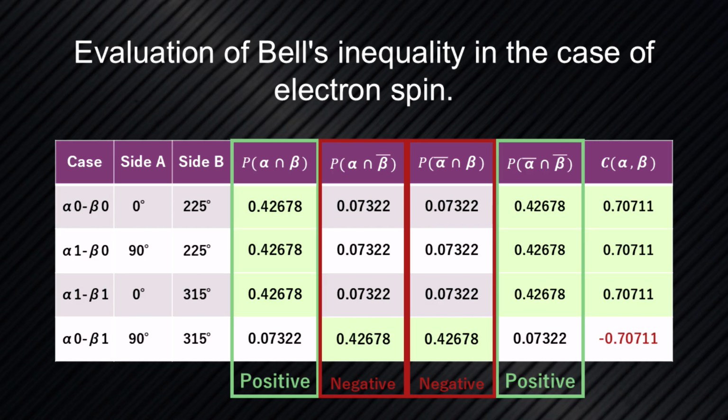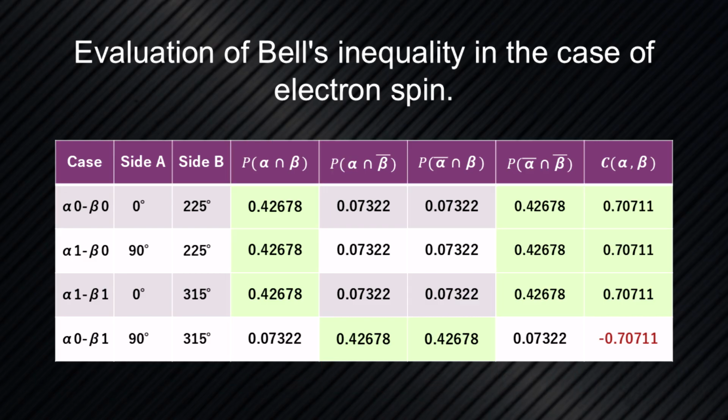Thus, of the four correlations, only the correlation between alpha 0 and beta 1 is negative. Switching the angles alpha 0 and alpha 1 causes the correlation terms to switch signs, and the positive and negative terms cancel each other out, causing the four correlation terms in the CHSH inequality to sum to 0.